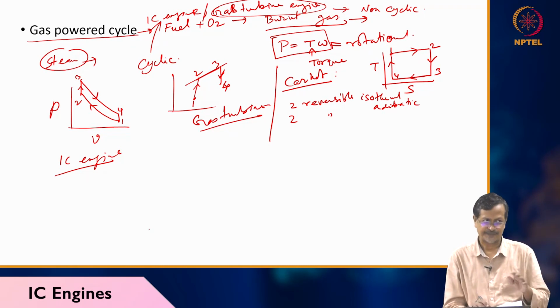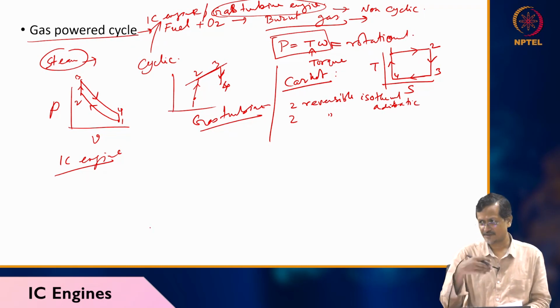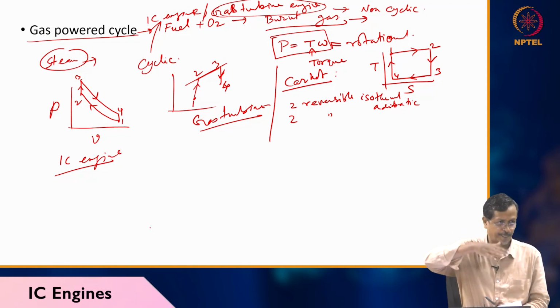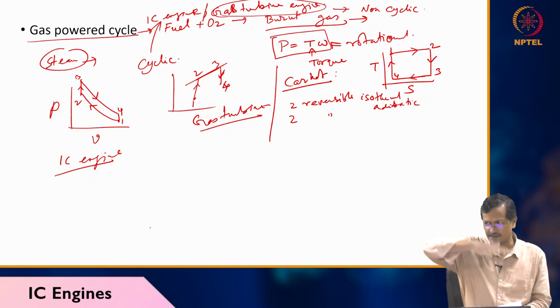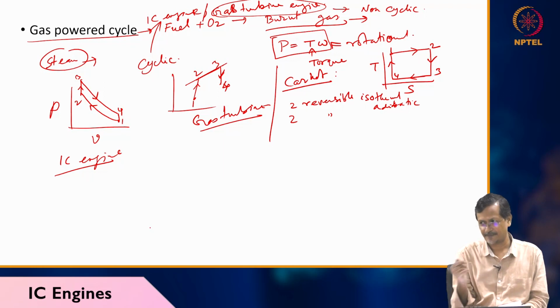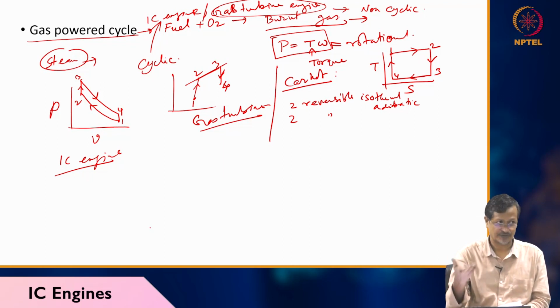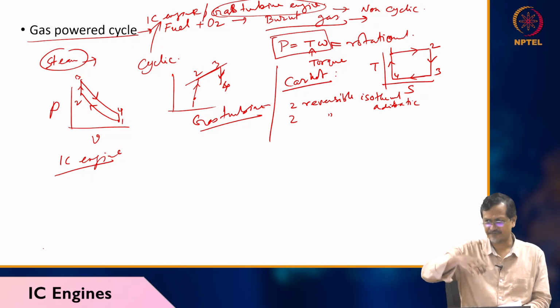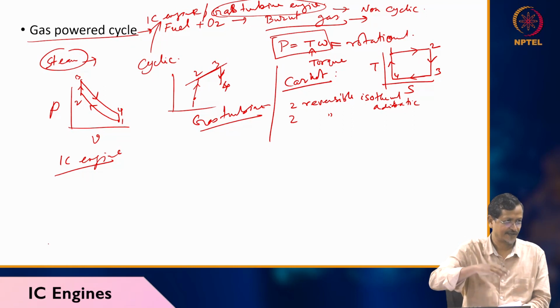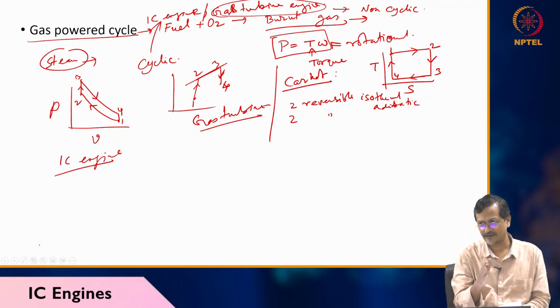Adiabatic means no heat transfer is happening, isothermal means complete heat transfer is happening. Say you are compressing a certain gas with very slow speed. In that case heat will be transferred to the atmosphere, and it will maintain the same temperature continuously. So this is called isothermal process. But if the process is very fast, suddenly you are compressing something, then heat transfer so quickly is not possible.